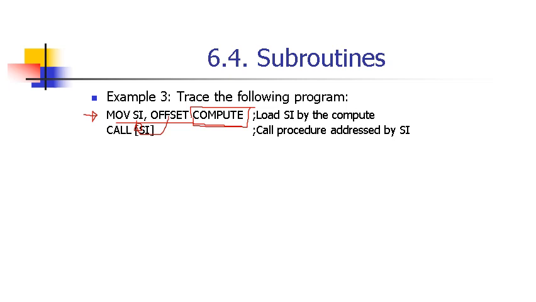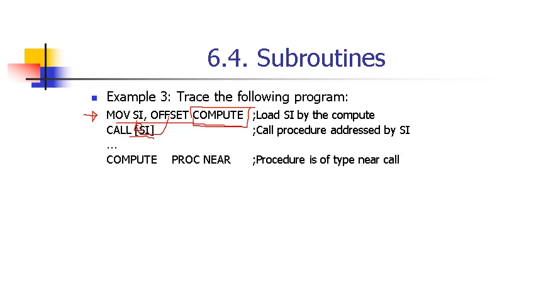Then you're calling the address SI. So this code takes you to the first instruction of your procedure named compute. So now you are at the first instruction of compute. You start executing whatever code is inside your compute.